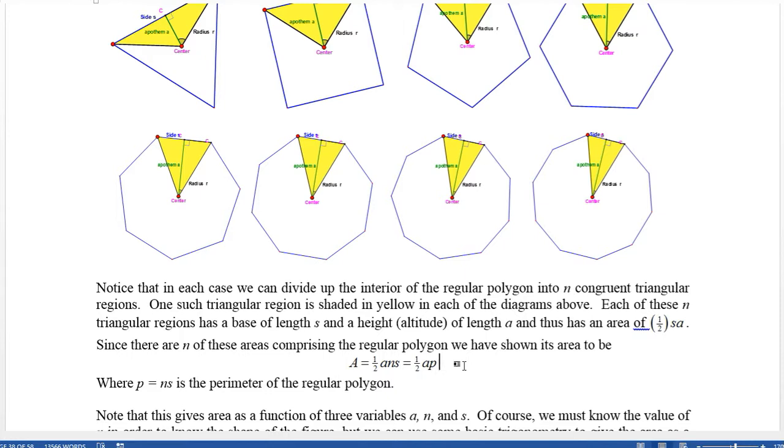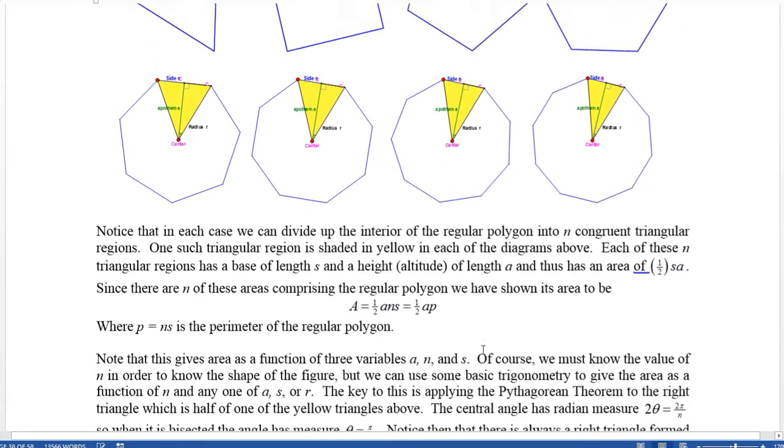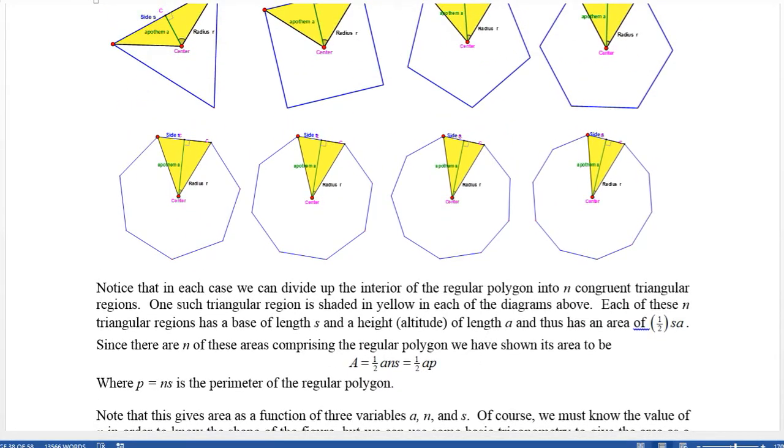That's probably our best formula, but there are other ways of writing it. Notice that this formula requires us to know both the apothem and the perimeter. Of course we need to know what n is to even know what the basic shape is, but we can get things in terms of n and any one of these variables: if we know r, or a, or s, we can figure out the rest. The basic idea is this.